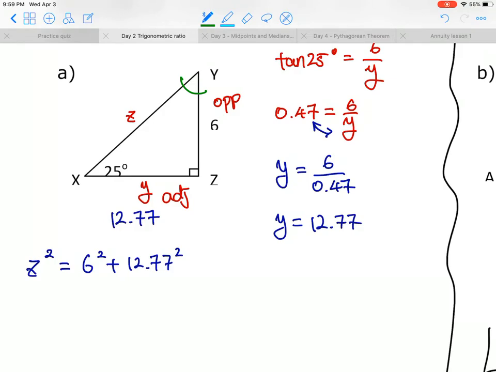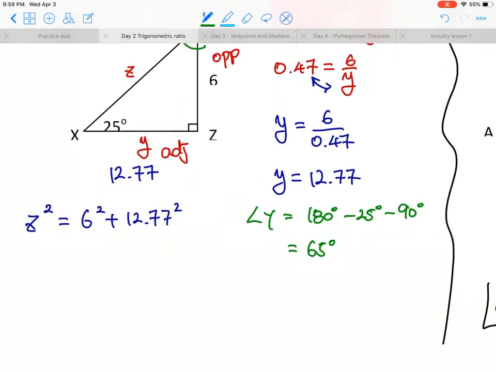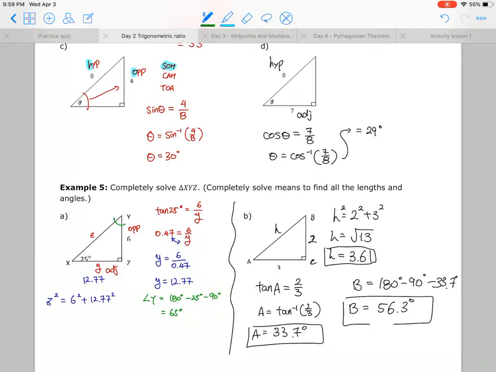If you add all those 3 interior angles, it becomes 180, right? So the angle y is 180, subtracting 25, subtracting 90 degrees, and I think that is 65 degrees, right? So that's how you can do it, and I will leave the rest of the solution on the Google Classroom, so please take a look at them.